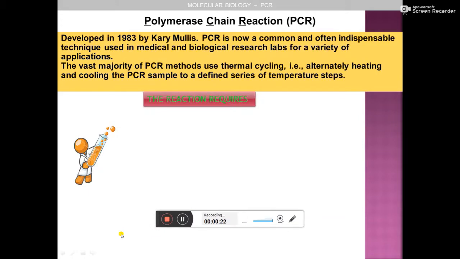As we all know, this technique finds application in lots of purposes, either in medical and biological research labs. And you can also find PCR being used in various diagnostic techniques, let it be in food microbiology or in medical microbiology.